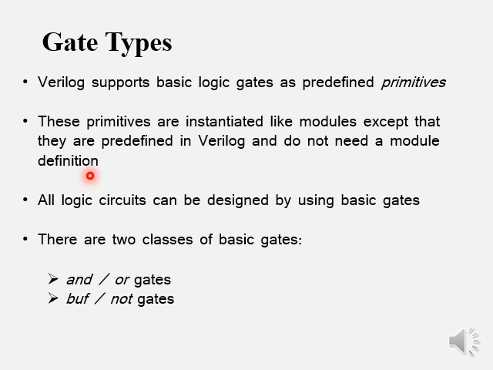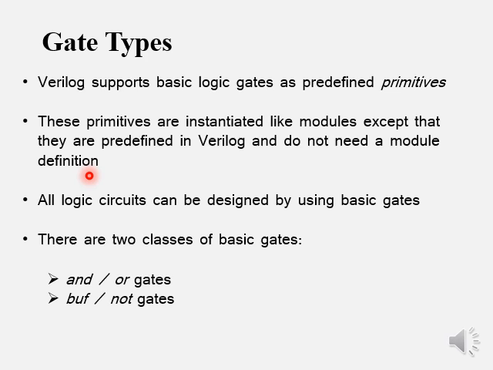What I mean is, for example, we can realize a full adder using two half adders. But the half adder is user defined and hence the user needs to describe this half adder as a separate module, wherein you have a module definition and in the body of the module you describe the functionality of the half adder.